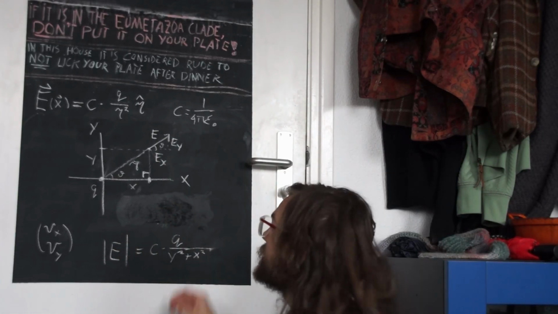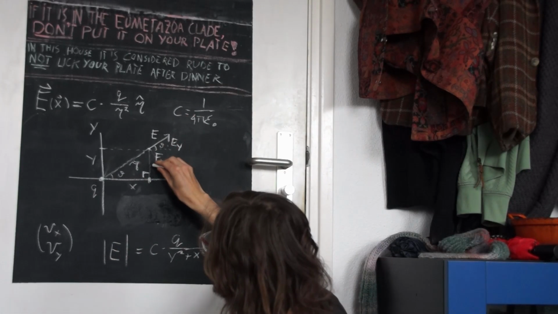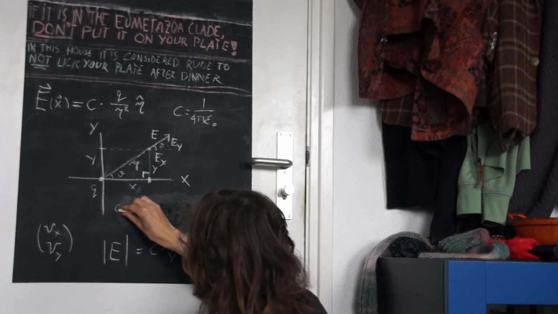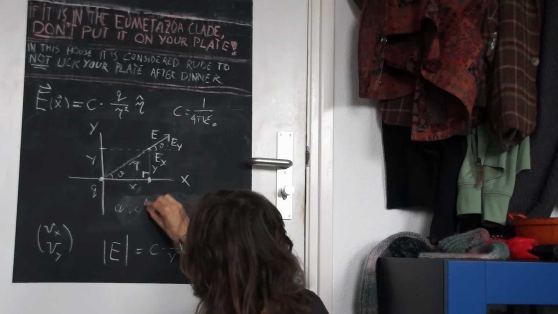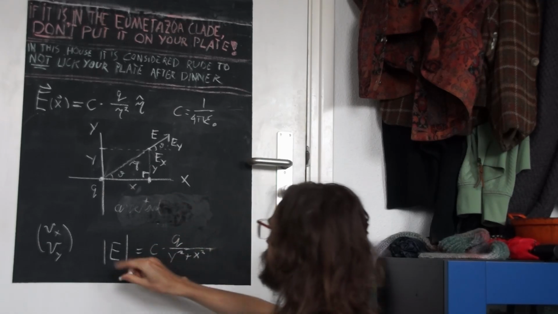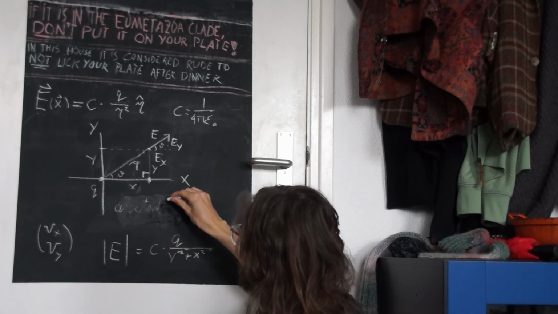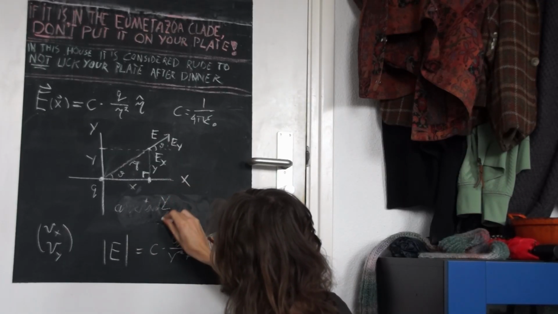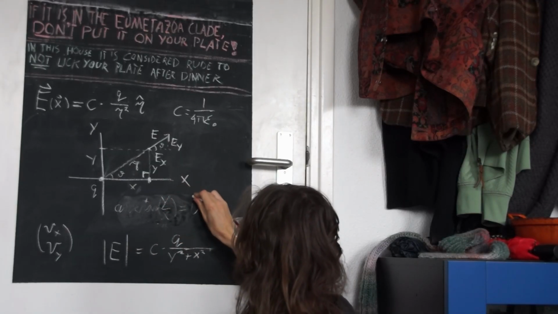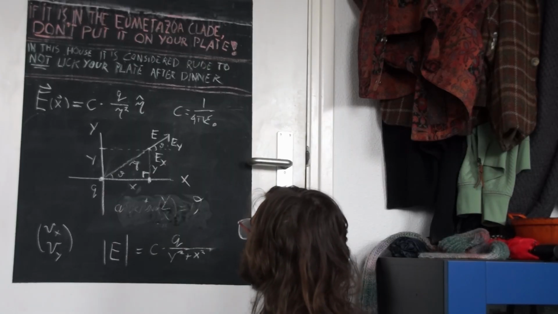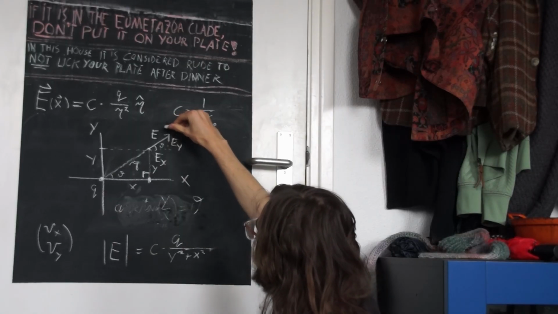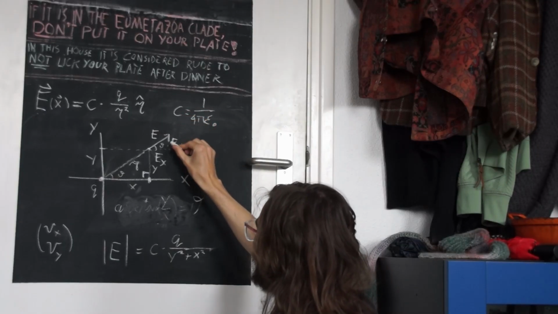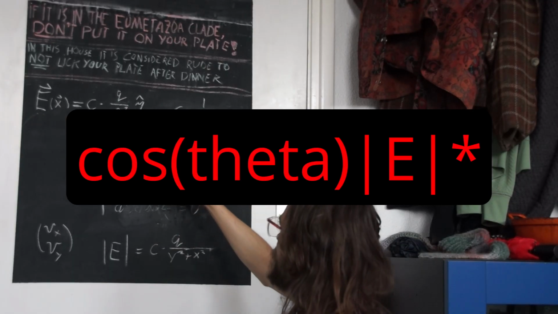Now we can calculate this angle theta, because this length here is y, of course, and the arctangent, so the inverse tangent of opposite over adjacent is going to be theta. And the projection of this vector E onto Ex is going to be proportional to cosine theta.